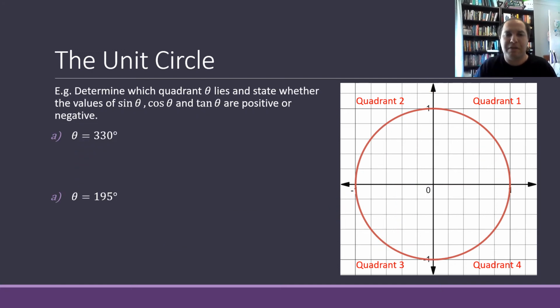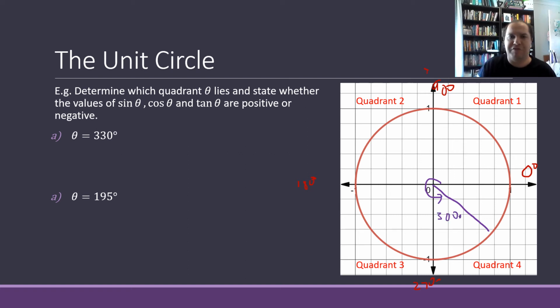All right, so looking at this here, we can do a couple of quick examples, determining the quadrant that it lies in and working out if those signs are positive or negative. So 330. So we've got our angles here. There's 0, 90 at the top here, 180 over here, 270 at the bottom. So 330 will be down here somewhere, all the way around.